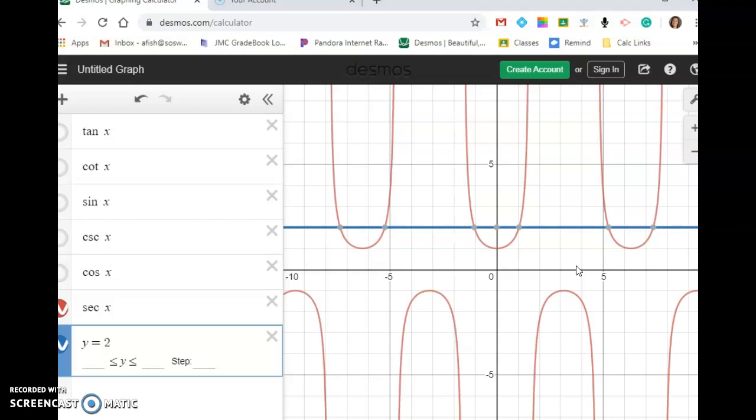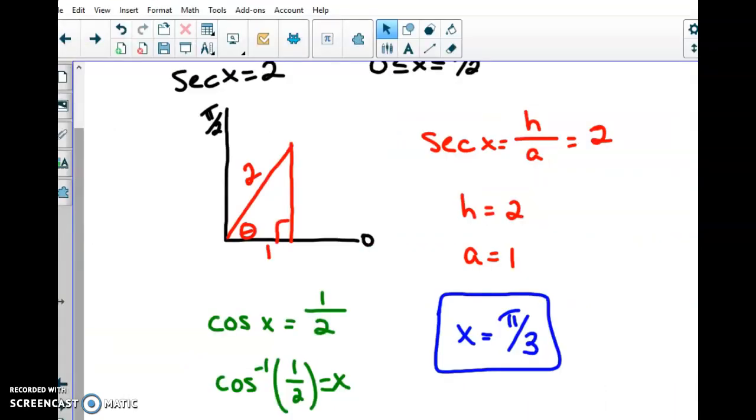But the hard thing is that value occurs several different times, so you're going to have to know where your quadrant is and what quadrant you're actually in on your interval. So if you noticed here, looking at the graph here, it does also occur at pi over 3. Like I said, based on the unit circle, but not every time will you have Desmos. So that's our graphs of tangent, cotangent, secant, and cosecant.